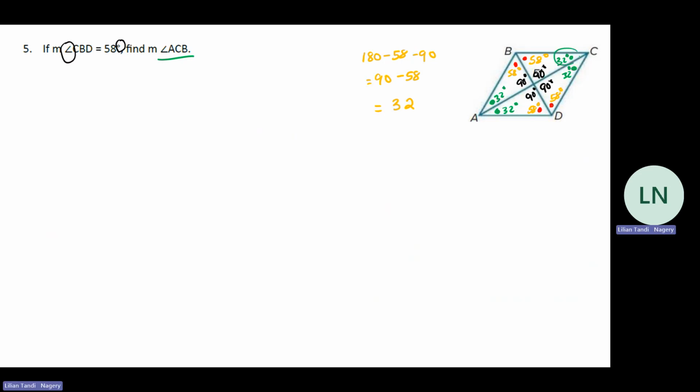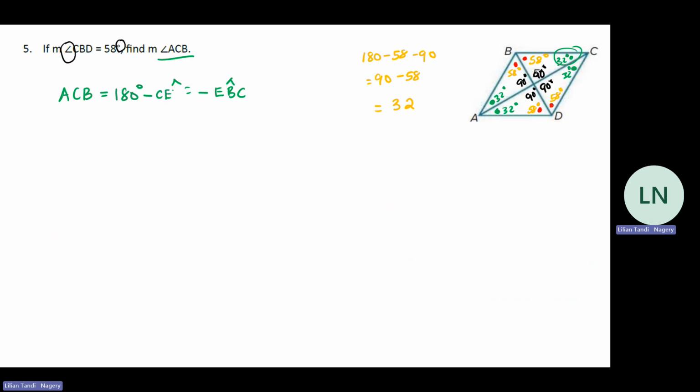Okay, now let's find ACB. ACB. There, we found it. It's 32 degrees. So we are going to write here angle ACB equals 180 degrees minus angle CBE, and angle EBC. No, BEC here. Or CEB.